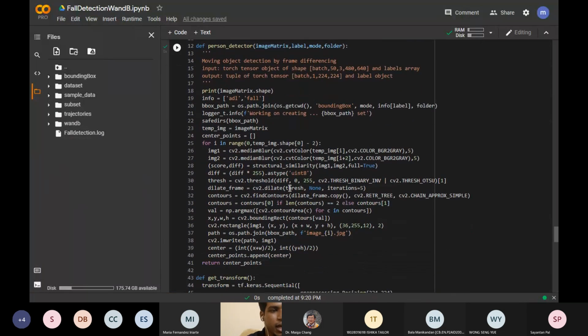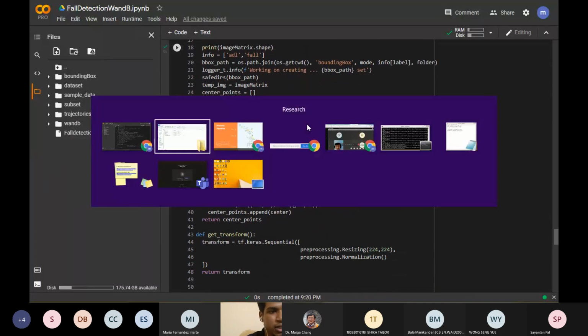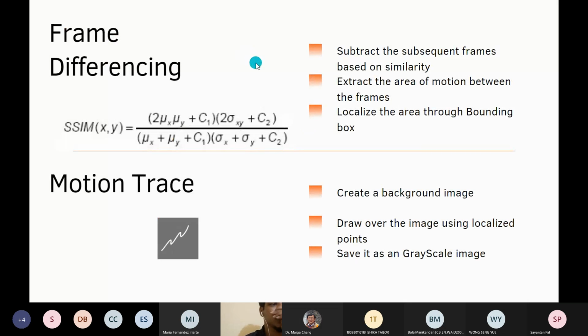I'm using the structural similarity function. What it actually does is, first, we use the difference between subsequent frames. This is the formula for structural similarity, where it finds the difference between the luminance and structure of those two frames.